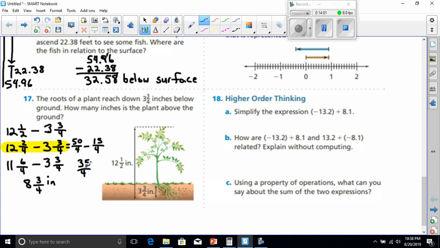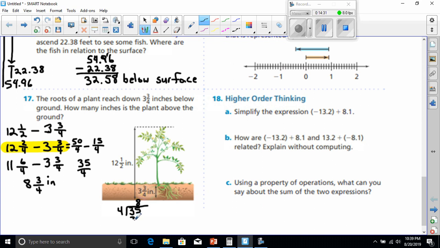And now we've got to turn this into a proper fraction, right? So we have to see how many times does 4 go into 35. Well, I know that 4 times 8 will give me 32, right? So remember, the way we really do this, we would take 35, because every fraction is really a division problem, and divide it by 4. That would give us the 8, right?